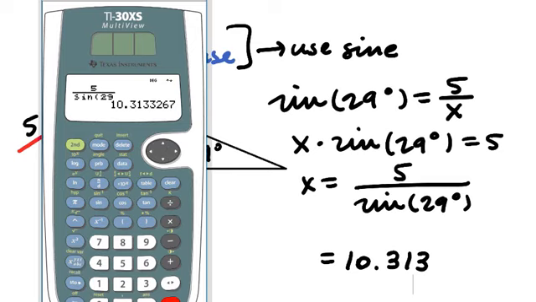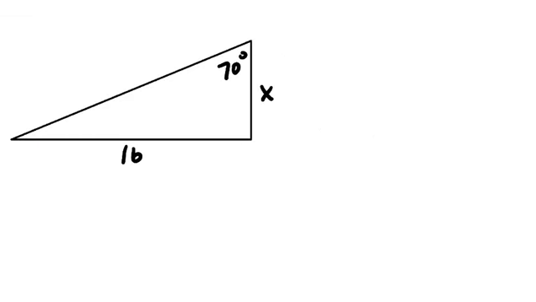So maybe we can get one that's going to use tangent here in a second. Yeah, here we go. Here's one that's going to use tangent. I've got an opposite and an adjacent, so you're thinking TOA.